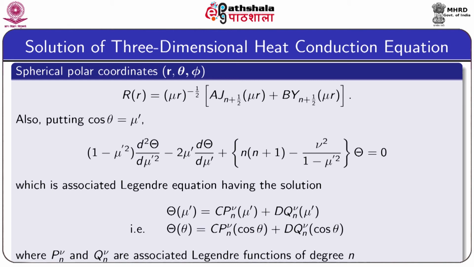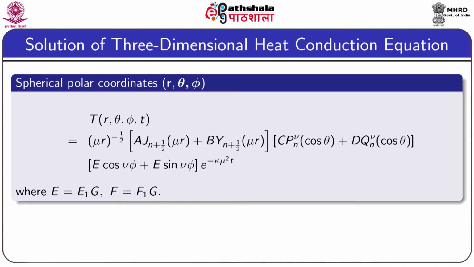Therefore, theta is equal to c P(cos theta) plus d Q(cos theta), where P n nu and Q n nu are associated Legendre functions of degree n.